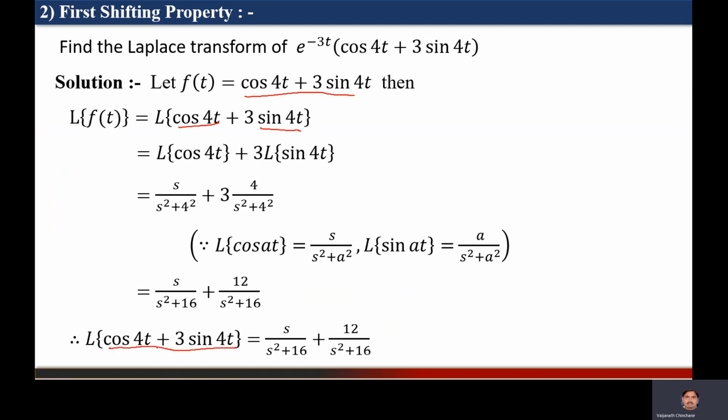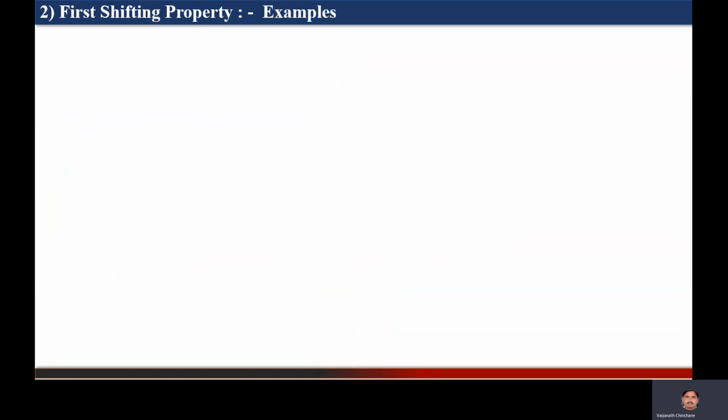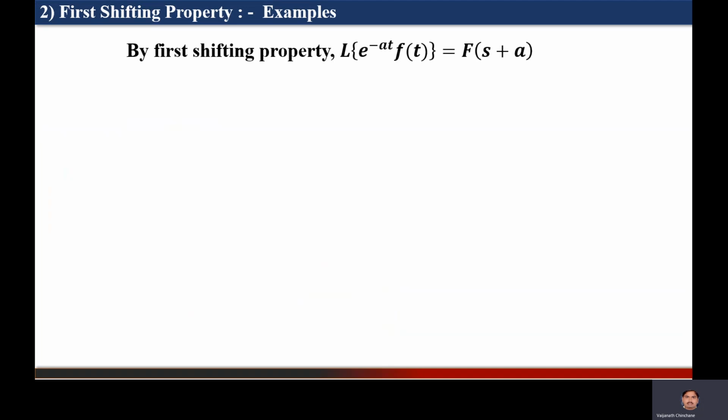And we multiply this function by e raised to minus 3t. It means that whenever you multiply any function by e raised to something, in that case we use the first shifting theorem, which states that L of e raised to minus at f of t is equal to F of s plus a.